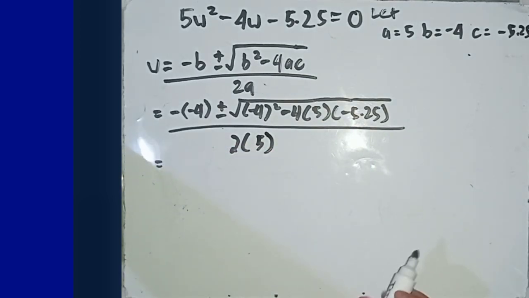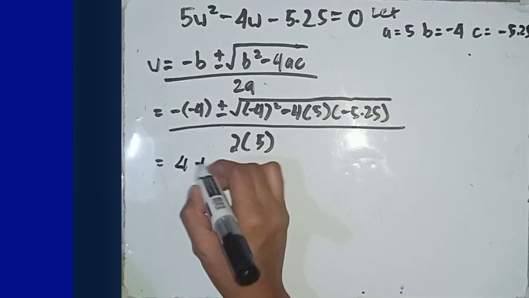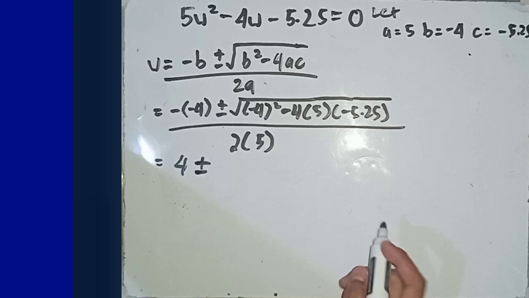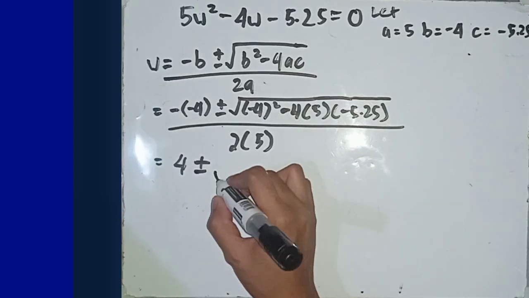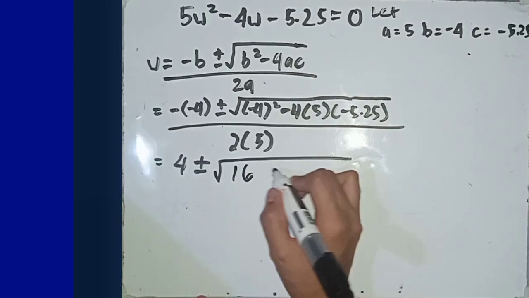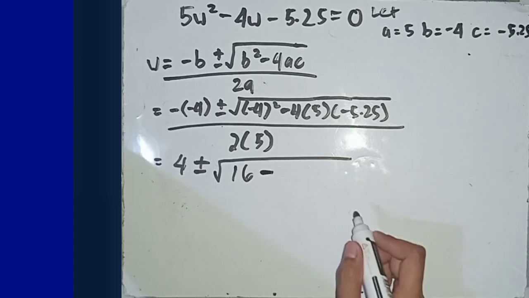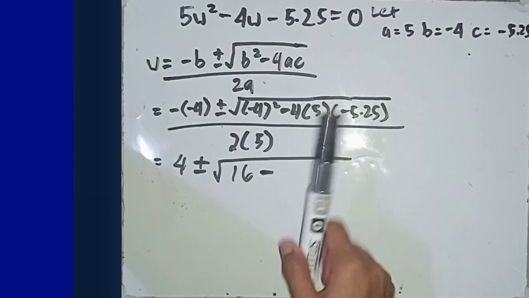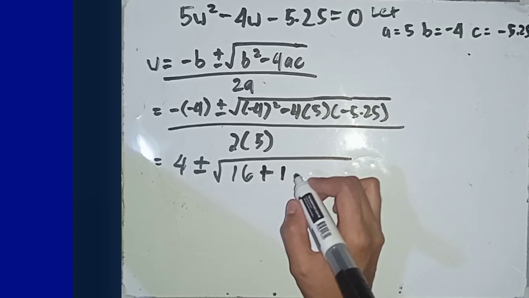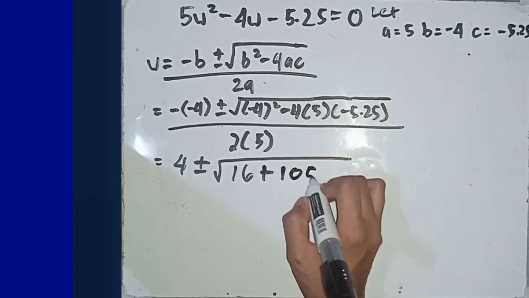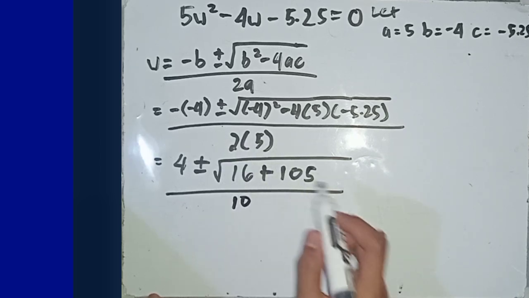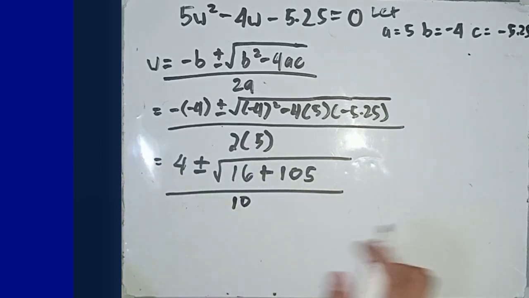Okay. So now, negative times negative 4, that would be 4, plus or minus square root of 4 squared, which is 16, minus 4 times 5 times negative 5.25, that would be 105, all over 2 times 5, that is 10.